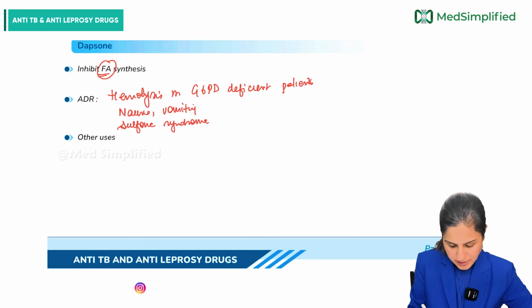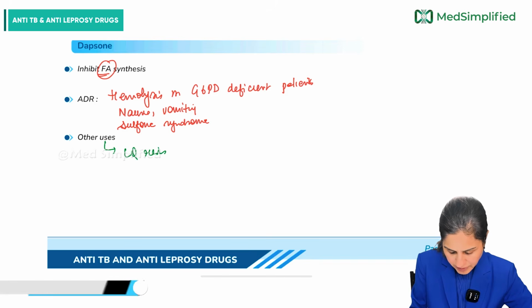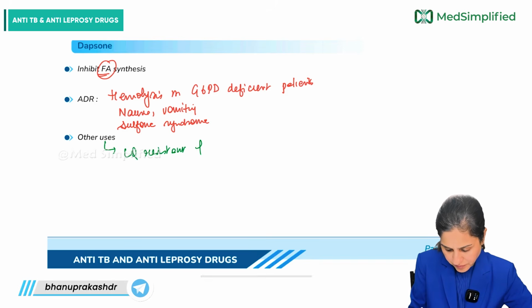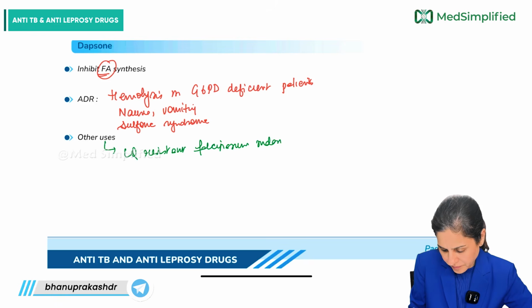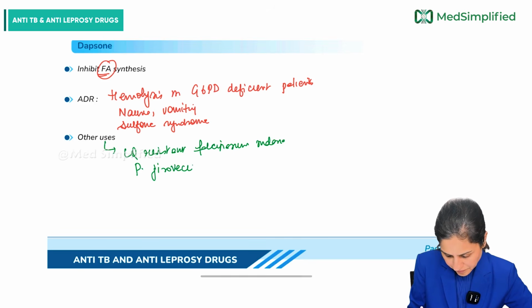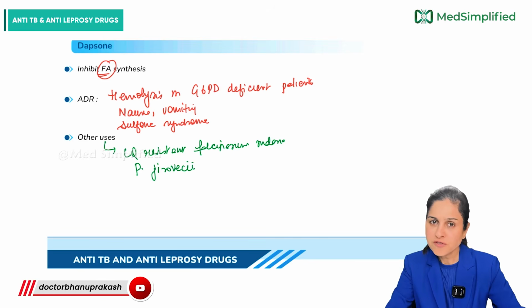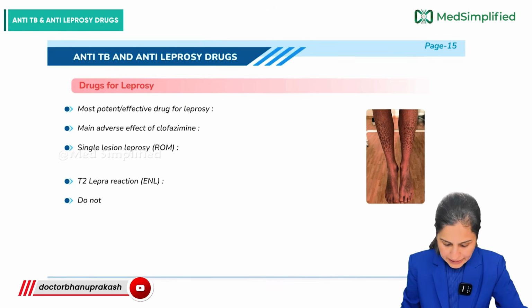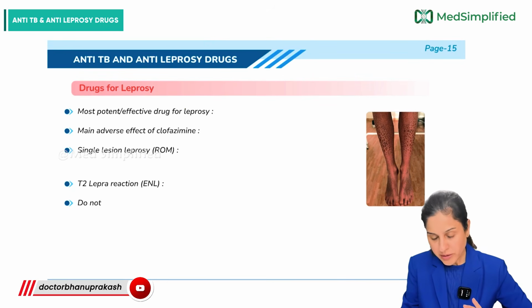Other uses, it is also used in chloroquine resistant falciparum malaria and Pneumocystis jirovecii. Other uses of dapsone.